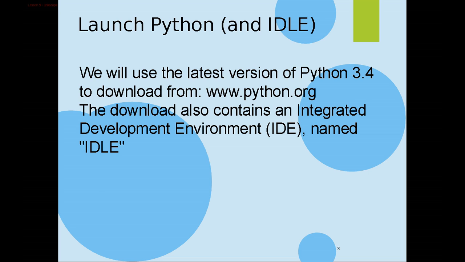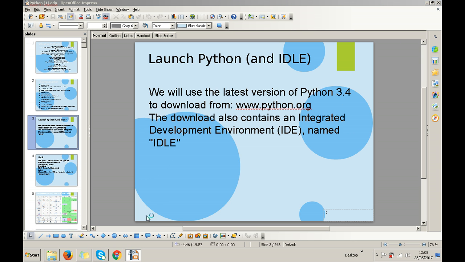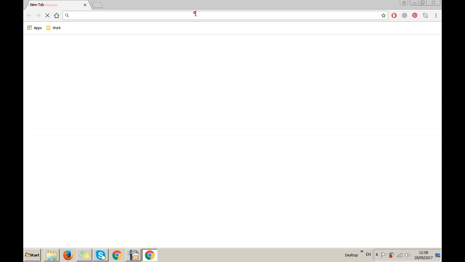In order to start with Python, we will first have to download it from python.org. The download also contains an integrated development environment named IDLE. So we go to download Python.